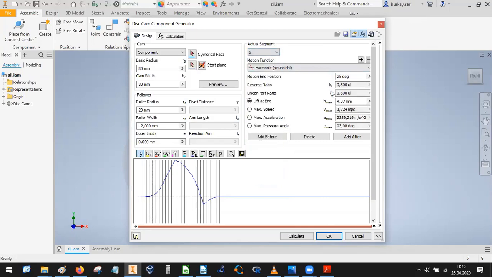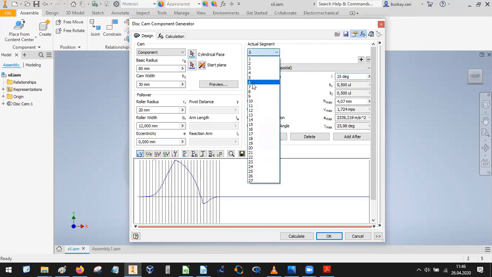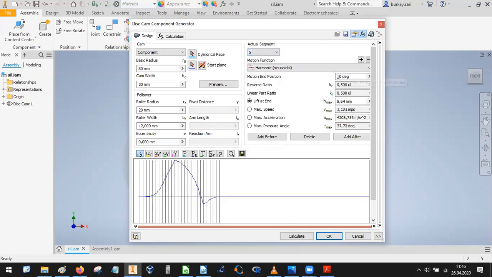Fifth one, we have 4.07. 6, 30 degrees, 8.64 millimeter.